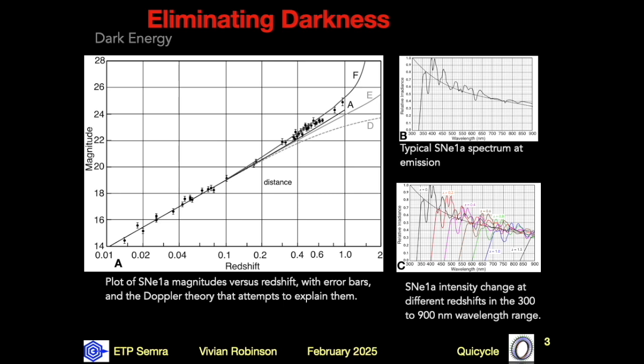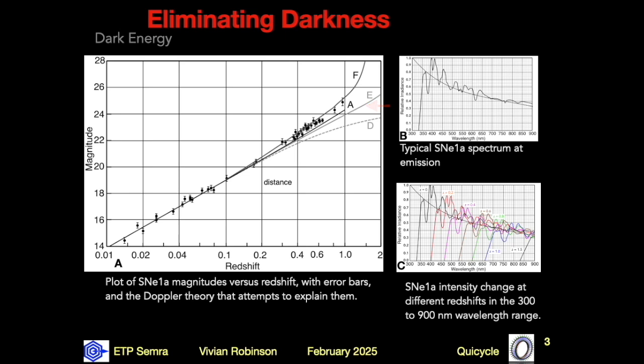Determining magnitude under the expanding universe theory worked on the principle that light from distant objects would be redshifted both by the distance to the observer and the speed at which they were moving away. Curve D is the calculated intensity expected from SNE 1a at the distance determined from the Doppler redshift equation. It does not include the intensity lost due to its motion of moving. Curve E is the intensity expected from SNE 1a receding from us as observers.